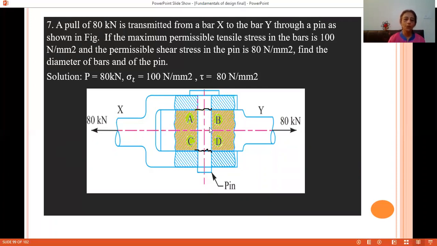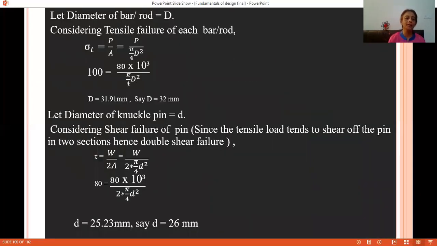So you know that the rod is subjected to tensile failure. The previous sum only we have discussed this. And the pin will be subjected to which failure? Double shear failure. The same principle of the previous sum we will use.